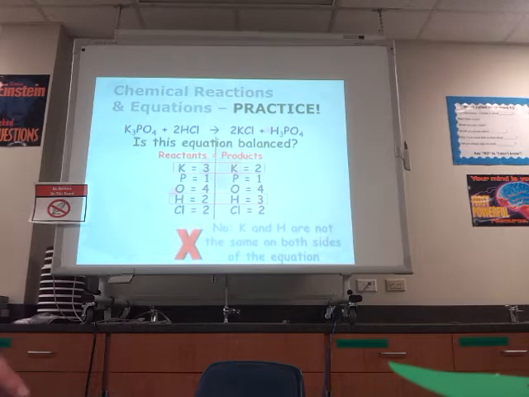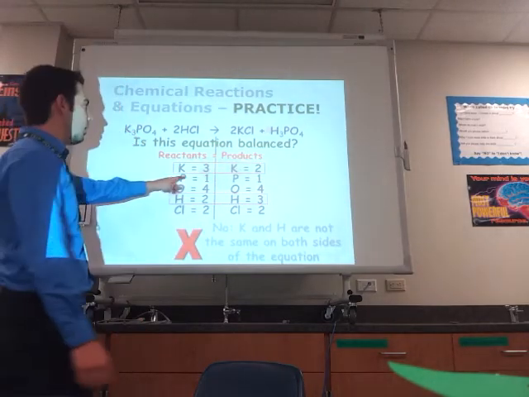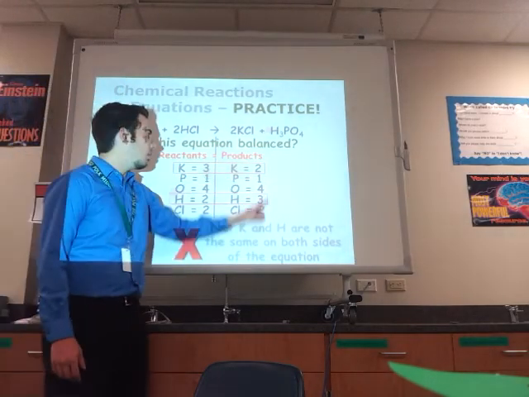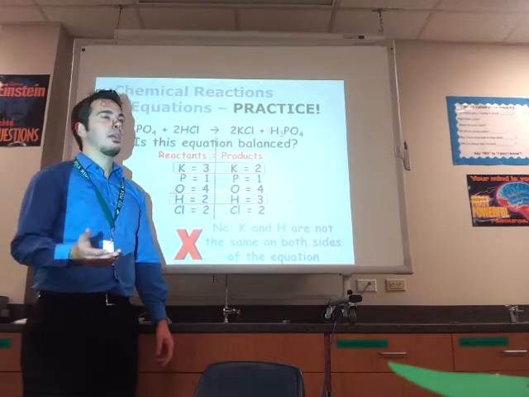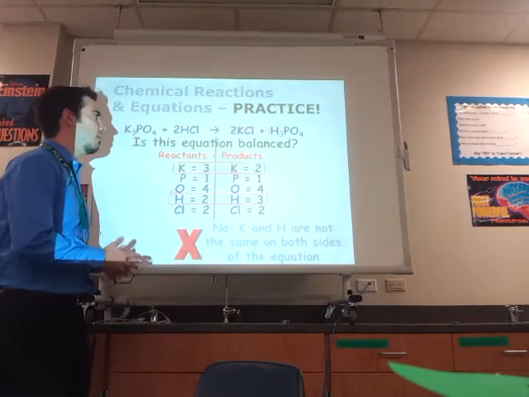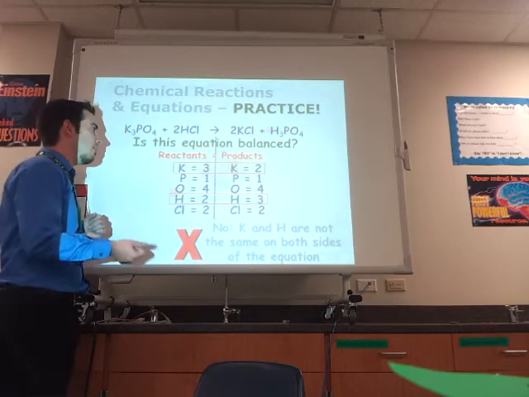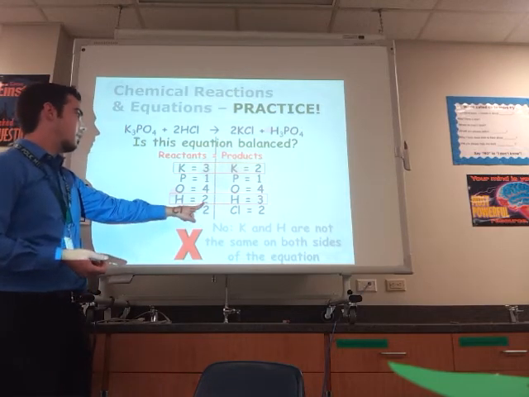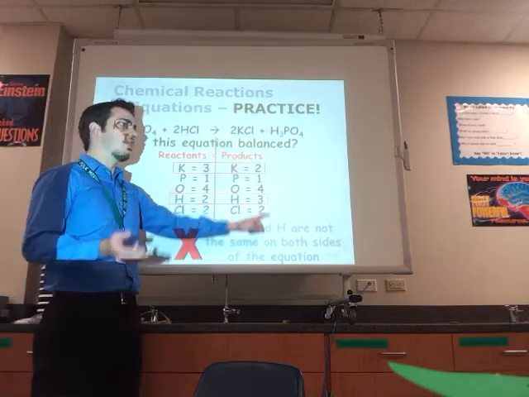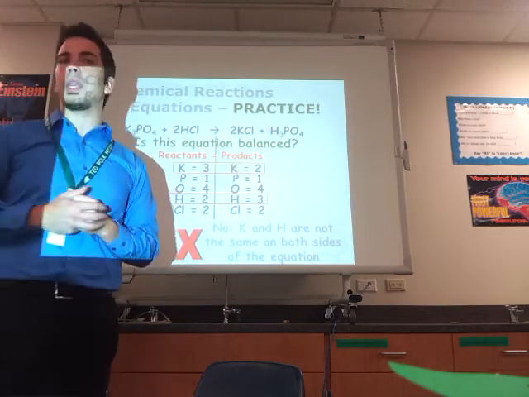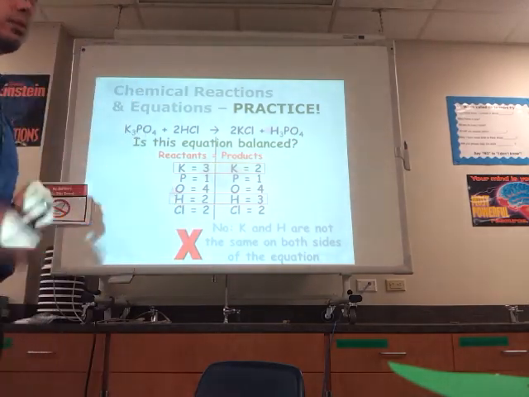Because the potassium and the hydrogen are not the same, we started with 3 and only ended up with 2 potassiums. Technically that means we destroyed matter. We can't do that. This equation is unbalanced. With the hydrogens, we start with 2 and end up with 3, so technically you made matter. You cannot do that because of the law of conservation of mass.